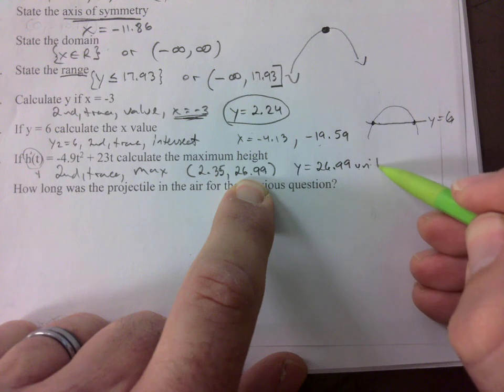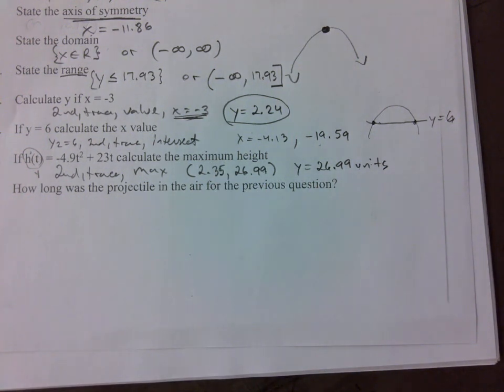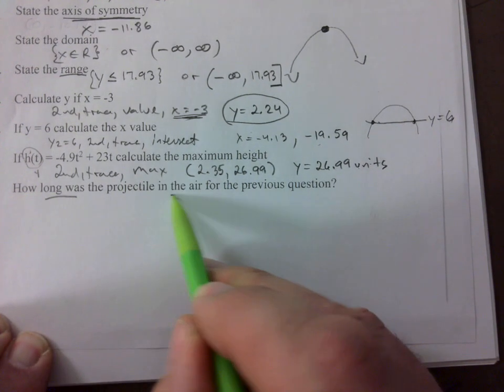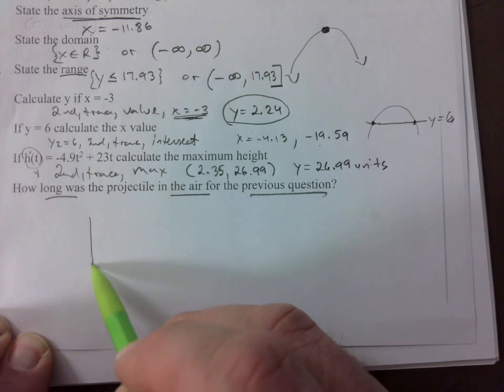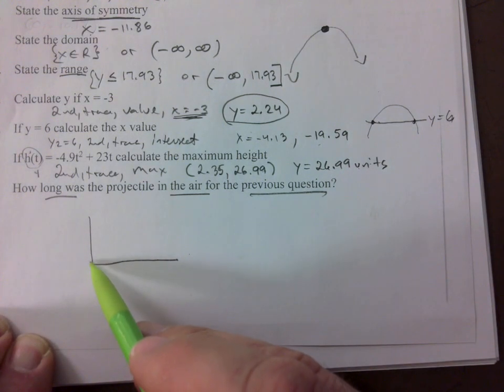We have no idea what the unit is, feet, yards, meters, centimeters, we don't know. So just put units and you're safe. In fact, if you didn't put anything, you'd still be safe today because we didn't specify. How long was the projectile in the air for the previous question? By the way, is this starting on the ground or off the ground?